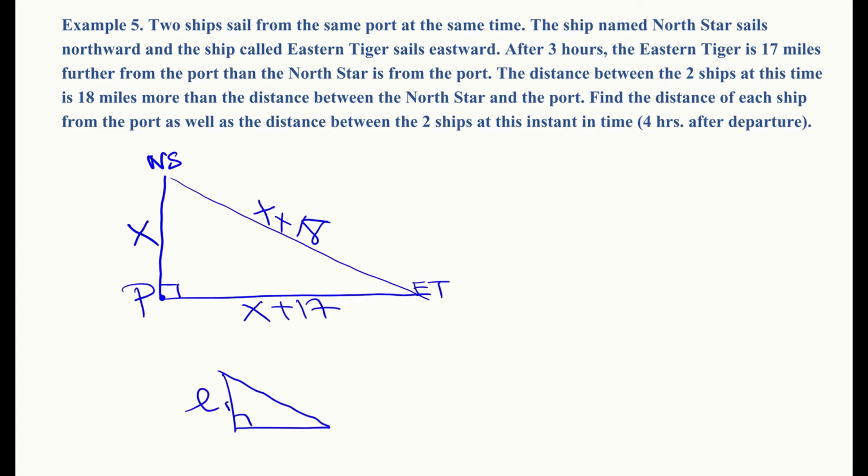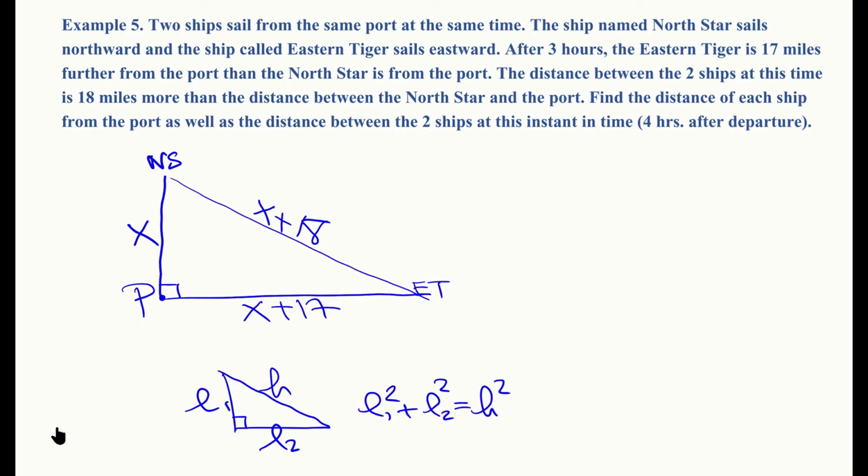I just say leg 1, leg 2, because remember, the two sides of a right triangle that form the 90-degree angle, this is called the right angle or the 90-degree angle, are called legs. And the longest side, which is opposite the right angle, is called the hypotenuse. So we can use H for that. So according to the Pythagorean theorem, the sum of the squares of the two legs is the same as the square of the hypotenuse, okay?